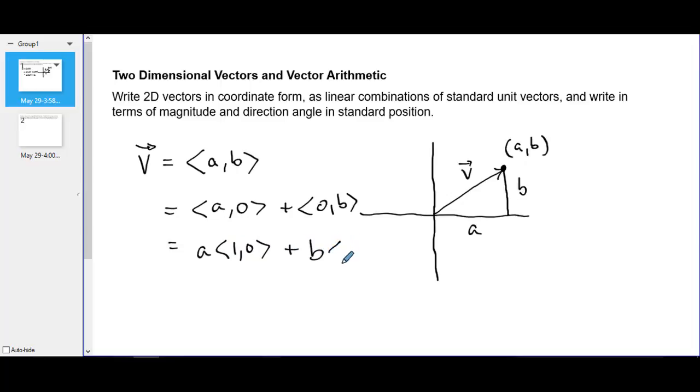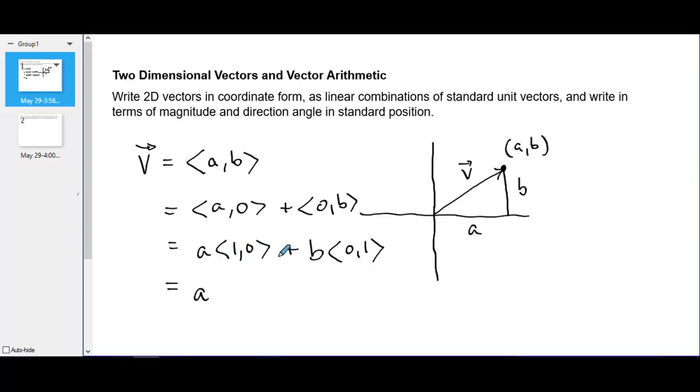This is B times 0, 1. So now I've turned these into scalars. A and B are scalars. Of course, they were scalars from the beginning. It's the combination of those two scalars, A and B, that form this vector that has several scalars combined together to have this meaning of a direction.